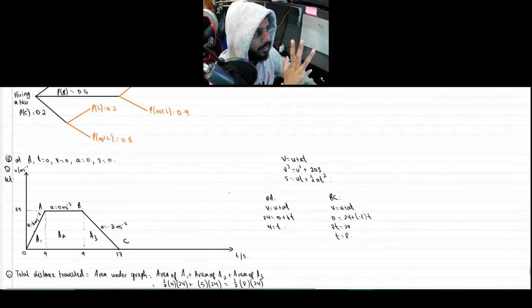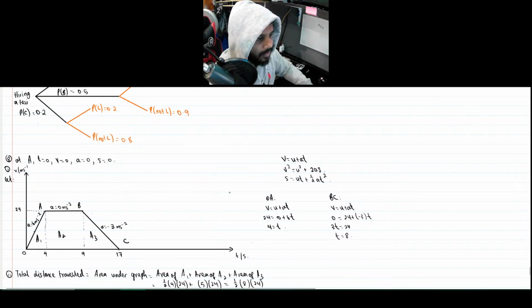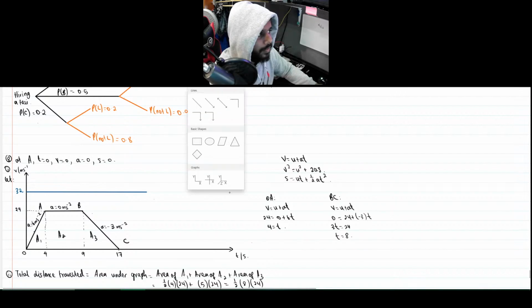So I'm going to represent that in blue. So the second car traveling at a velocity of 32 meters per second. At some point in time, these two cars will touch each other. They will reach the same distance. So I just represented that by a horizontal line.